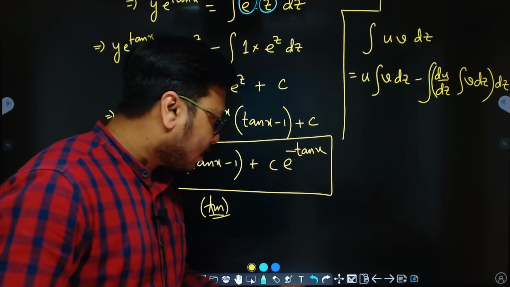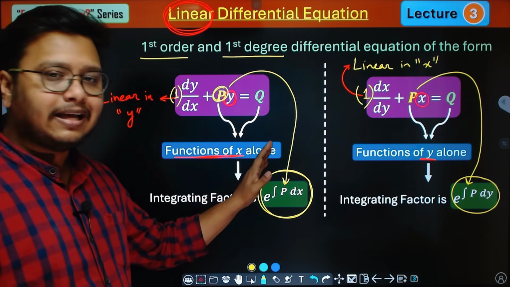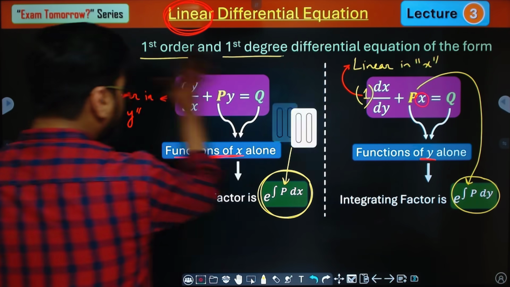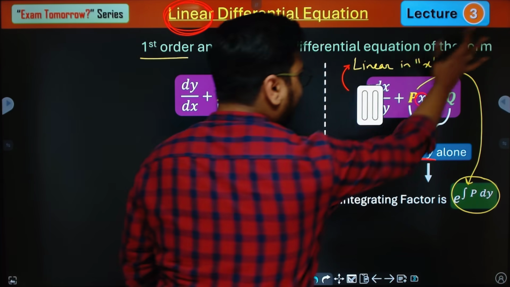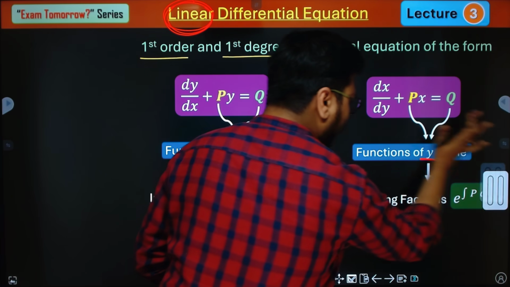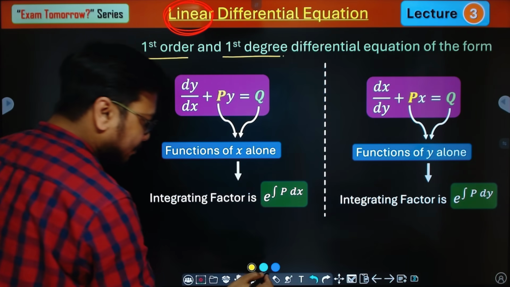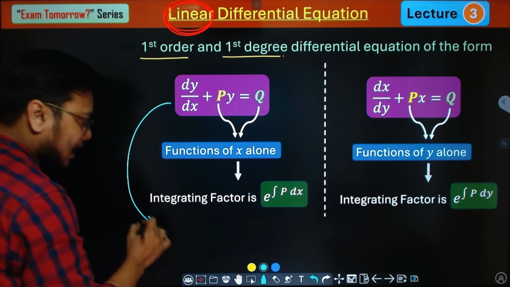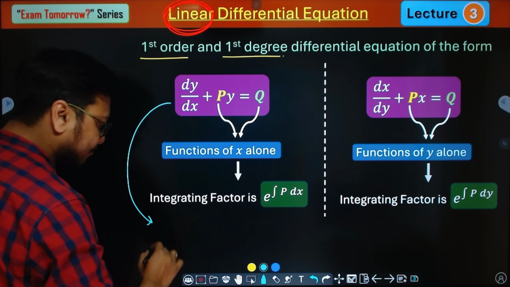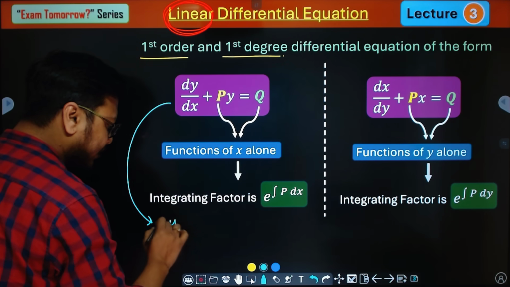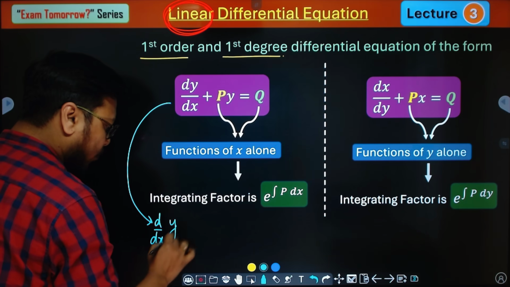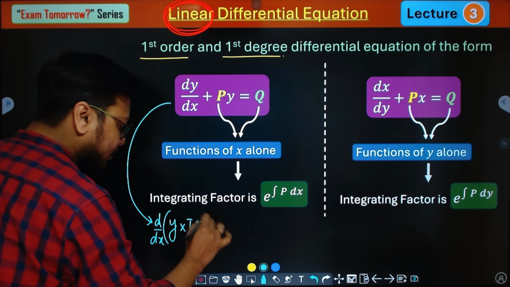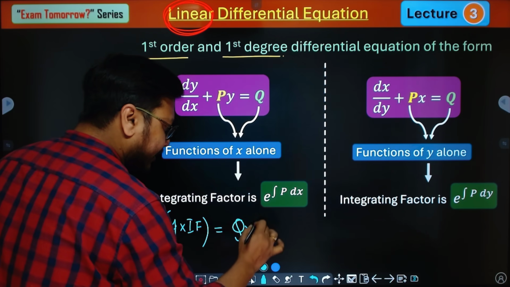Now I'll go back to this slide and mention the format of the solution after multiplying the integrating factor. If you remember, the format for the solution after multiplying the integrating factor was d/dx of y into integrating factor equals q into integrating factor.